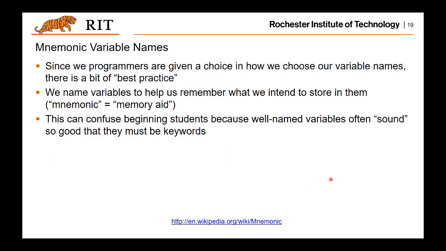So there's another very important rule you want to follow. That is, you want to name the variables in a way that helps you memorize them. That is very important as well, especially when you are maintaining a very big project.